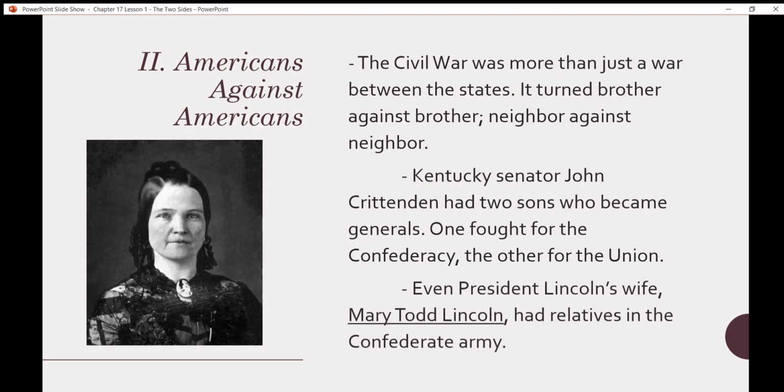And then even First Lady Mary Todd Lincoln, President Lincoln's wife, had relatives in the Confederate Army. So being the wife of the President of the United States, the leader of the Union, her own family consisted of several members that were part of the Confederacy.